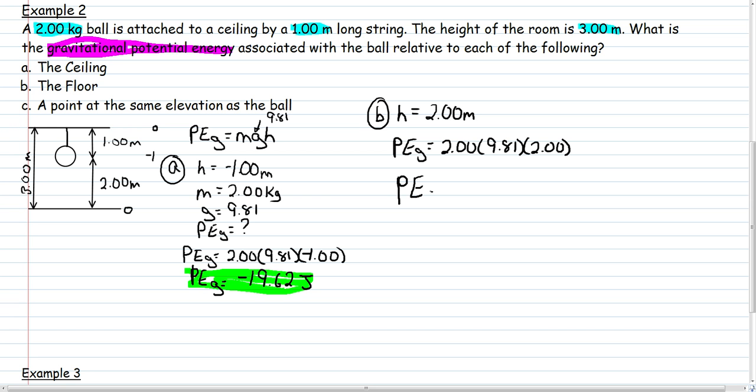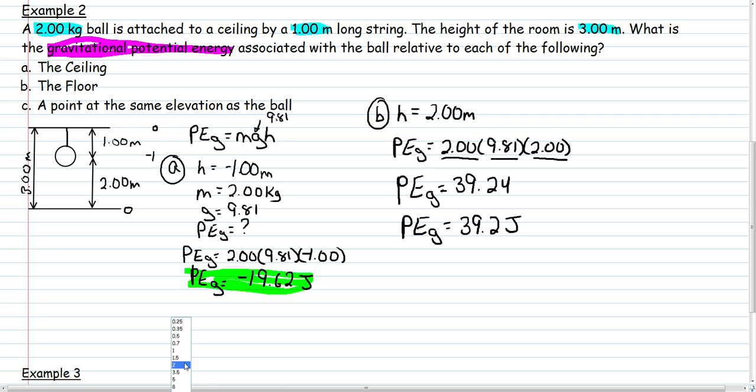So PEG equals 39.24. Now, I didn't do this on the last one, but we need to really look at significant digits. In this case, I have 3, I have 3, I have 3. I really need to keep 3. So PEG equals 39.2 joules.